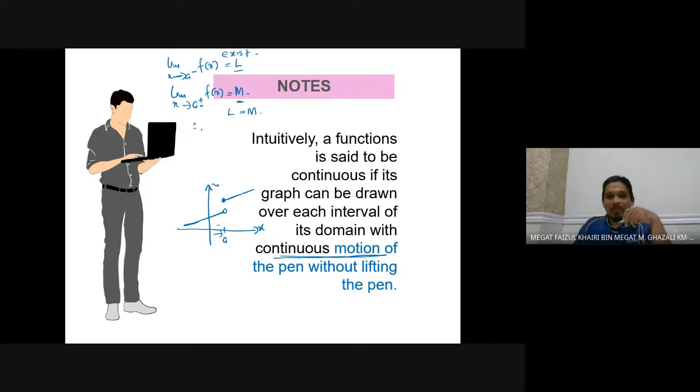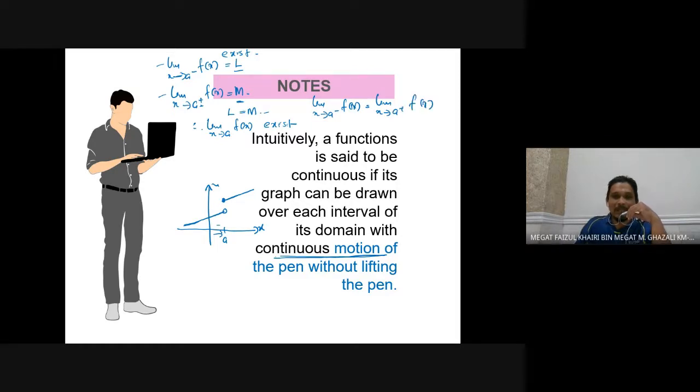So we come up with the conclusion that the limit of this function as x approaches a exists. Okay, so 1, 2, and 3. The limit of x approaching a from the left of the function f(x) equals the limit of x approaching a from the right side of the function.